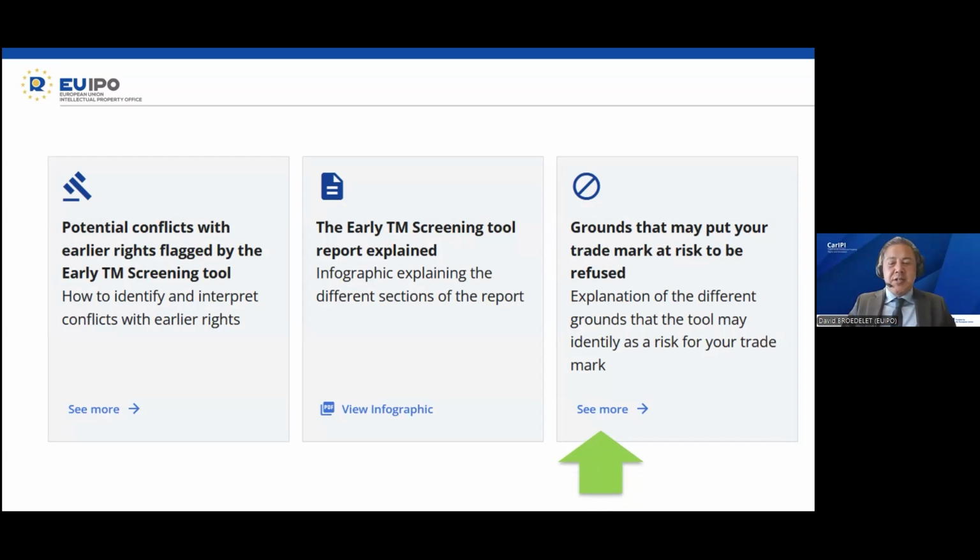This is very interesting for applicants to know. So again, as I said, this is available to users before they even start filing a trademark application. So as a courtesy to our applicants, they can have an idea more or less whether their trademark application is successful.